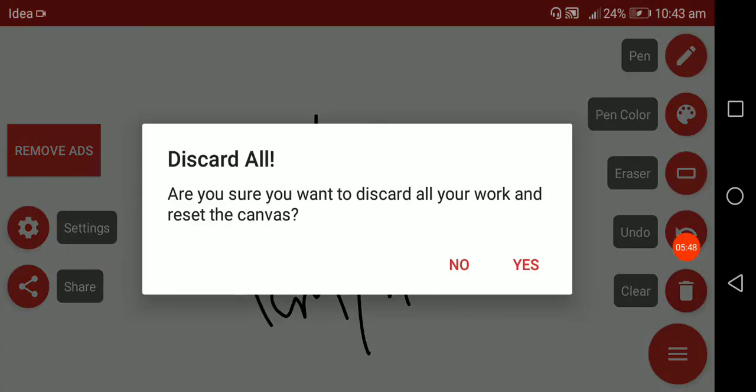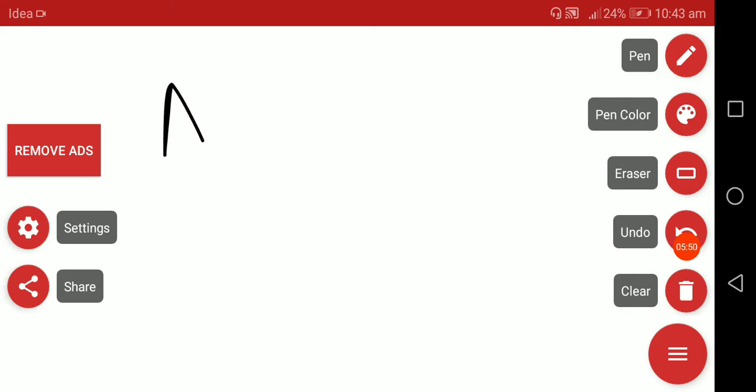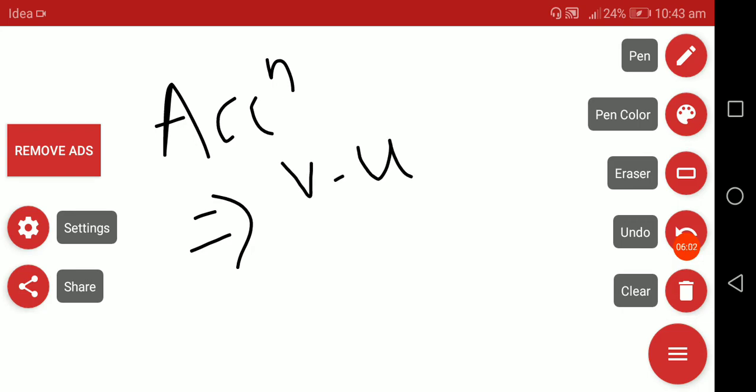Now the next one that we have to study is acceleration. What is acceleration? It is nothing but the rate of change of velocity with respect to time. Suppose I am considering v as the final velocity and u as the initial velocity of a particle, then the rate at which velocity changes with respect to time is the acceleration.